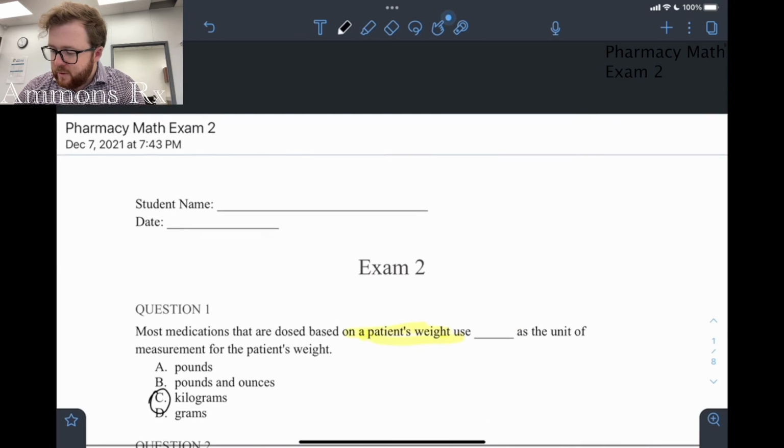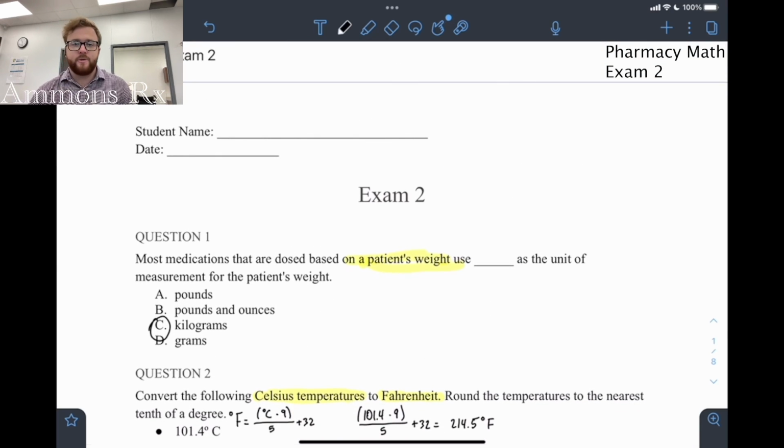Okay, so basically the takeaway from here is to know what you need to memorize. So obviously you need to memorize the formulas for temperature conversions, but even more so, after you memorize your temperature conversion formula, you really need to memorize those basic body temperatures and freezing and boiling points. Because what those can do is help you identify if you're using the correct formula.